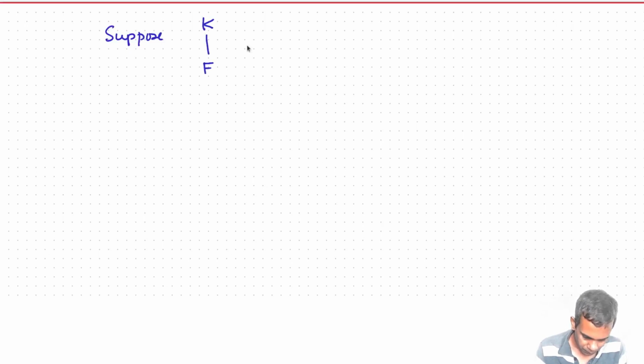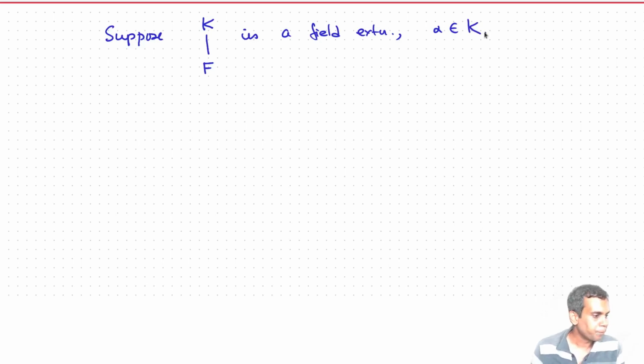Now suppose we have a field extension F contained in K, and we have an element alpha in K. Then there's a substitution map.